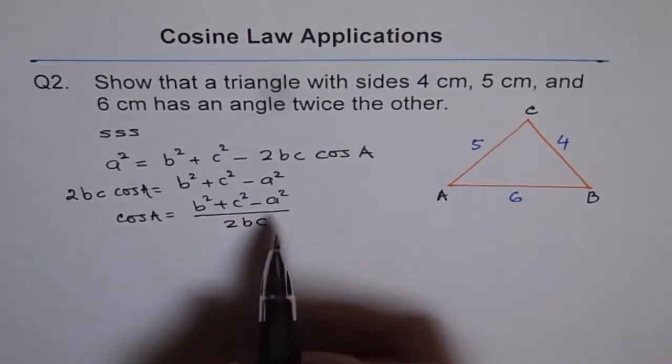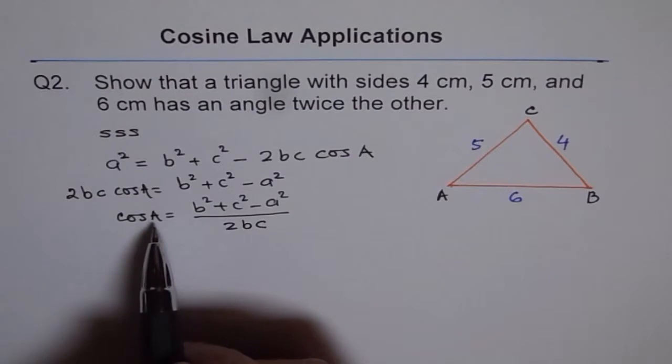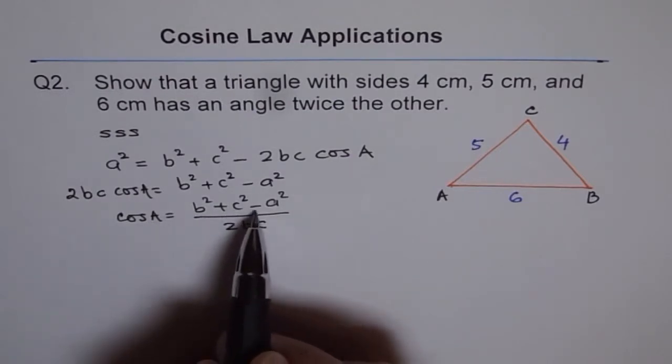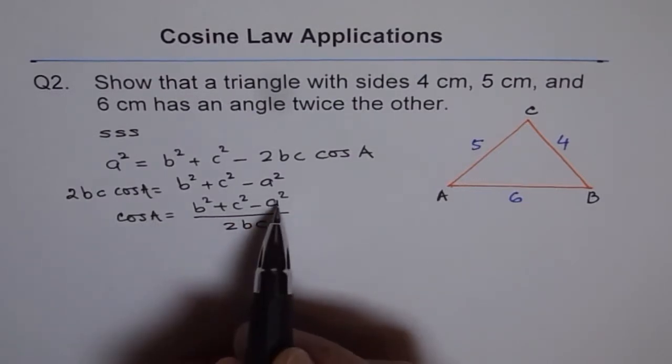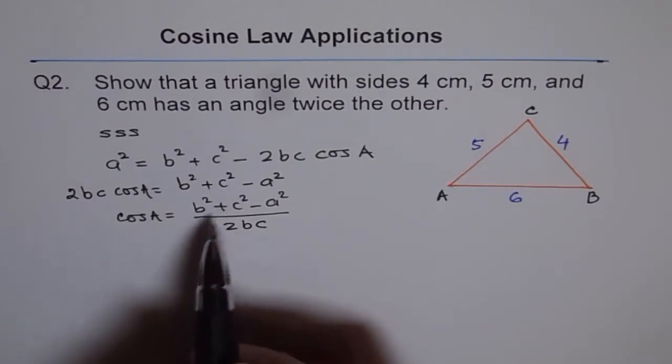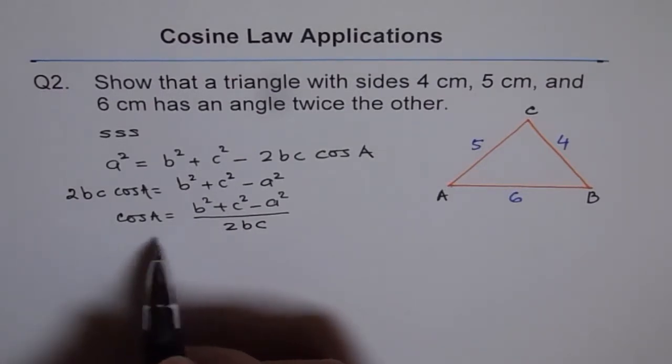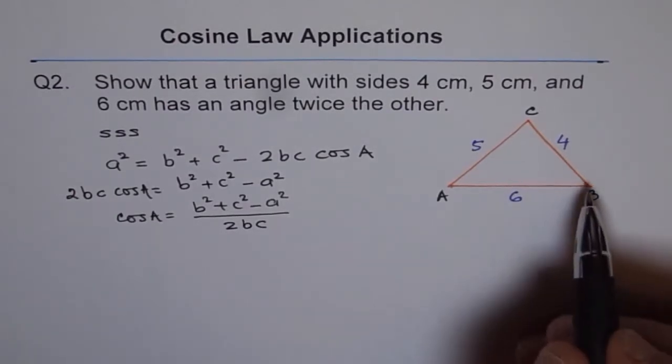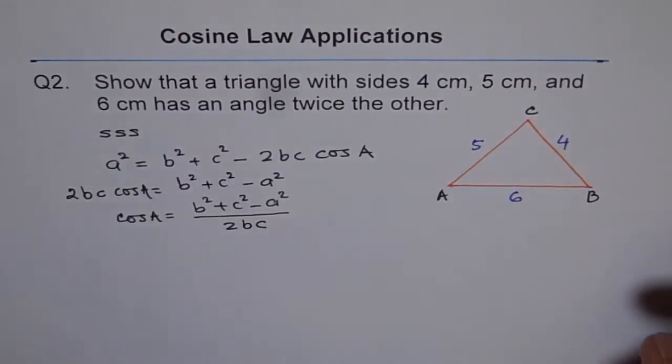You will observe that cos of any angle is the other two sides square minus that side square, divided by the product of 2 times the other two sides. So similarly we can write expressions for cos B and cos C also, and then find our answer.